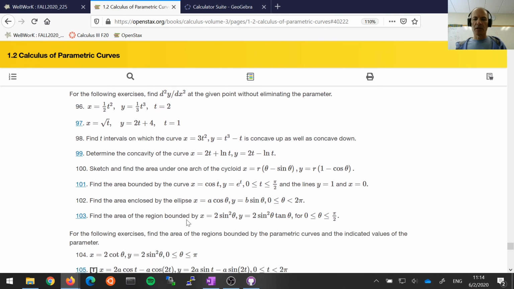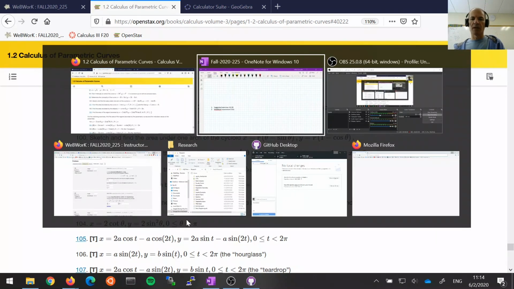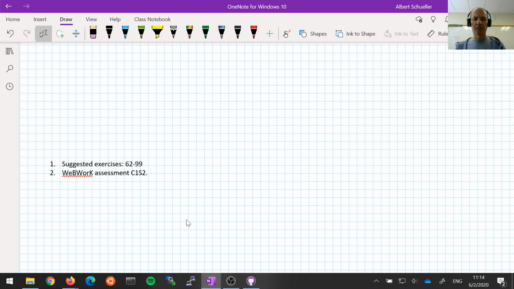And then problem 100 on starts talking about integration and other things that we're not going to talk about in this particular section.